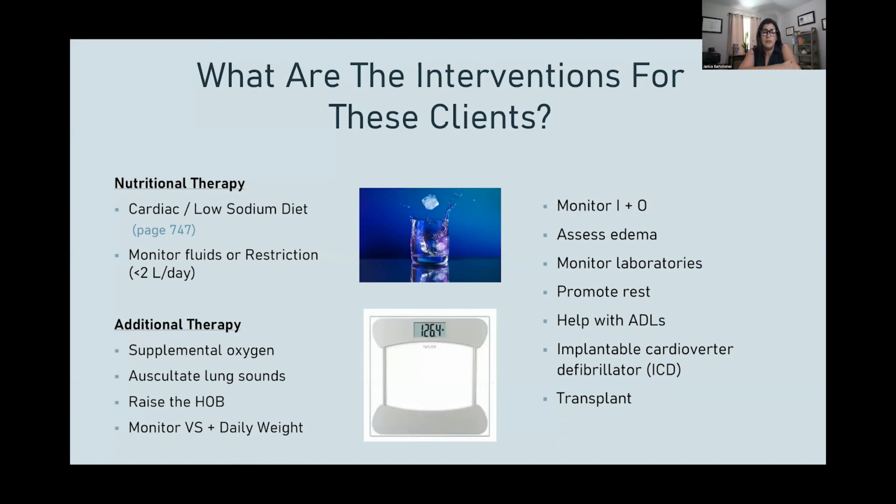You want to assess their lungs constantly to see if they're getting worse or better with that fluid in the lungs. You want to elevate the head of the bed, or when they're sleeping, kind of prop them up in pillows so that they're not flat. They don't really typically like flat. They can't breathe, so they want to be a little elevated.